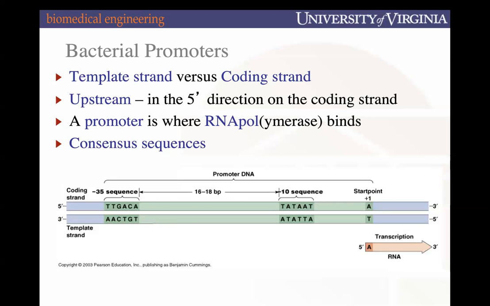We're going to talk about these protein complexes in a second. But the key thing to take away is that the promoter is just before the start point. The start point is just the first nucleotide where transcription begins.